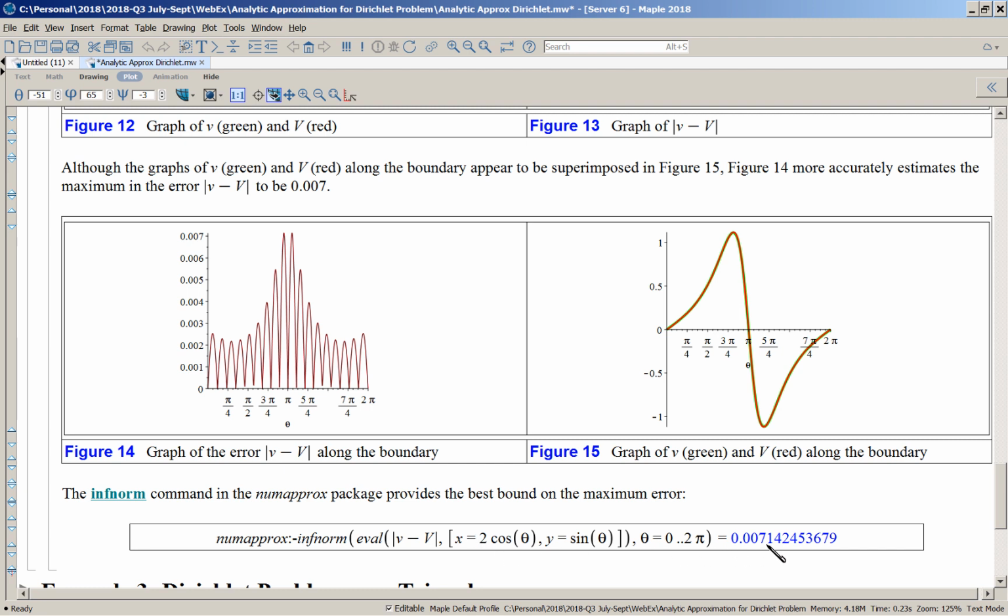And it's a little bit more than 7/1000ths, consistent with this figure. I think this is an amazing approximation technique. I've never seen this in any of the textbooks that I've read over the course of my career, and I was amazed at the performance of this technique and how easy it is to implement in Maple.